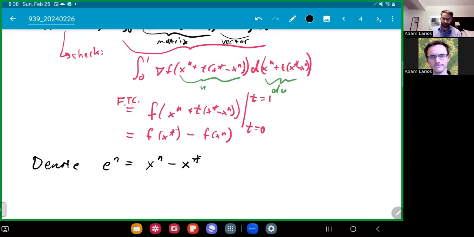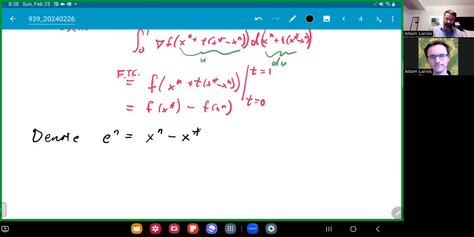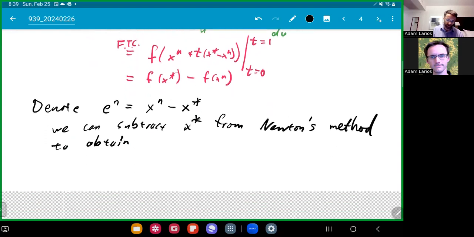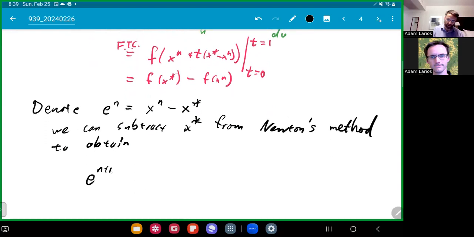So then we can write Newton's method. We can subtract x star from Newton's method to obtain E at n plus 1 is equal to En minus gradient of f xn.